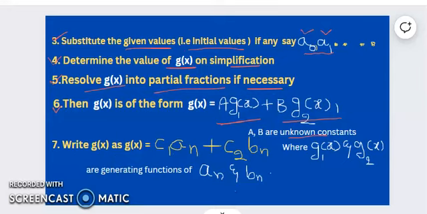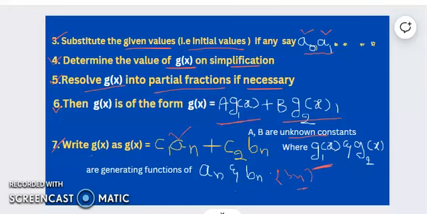Now the seventh step is to write g(x) as a c1 a(n) plus c2 b(n), where g1(x) is the generating function of the sequence a(n) whose nth term is a(n), and g2(x) is the generating function of the sequence b(n) whose nth term is b(n).